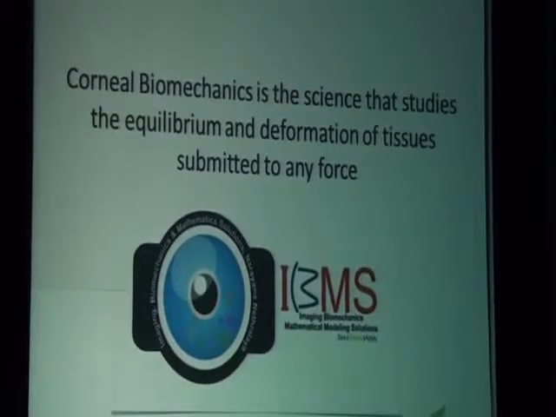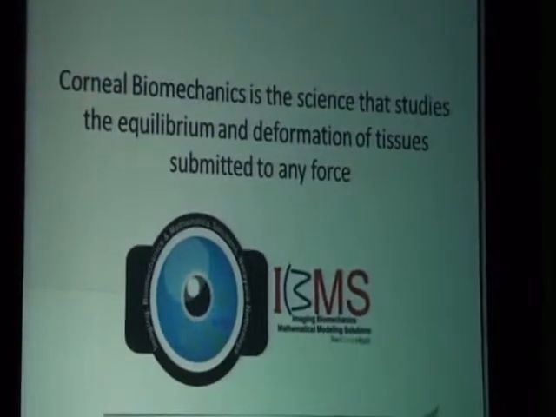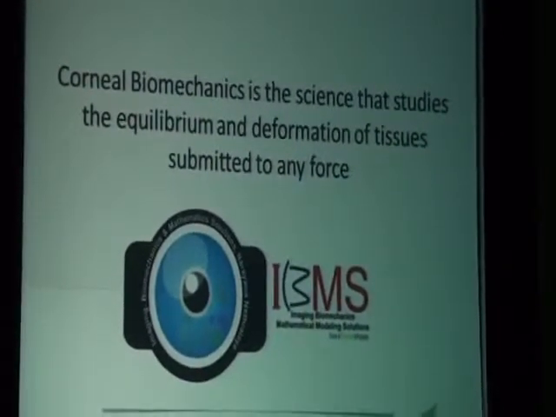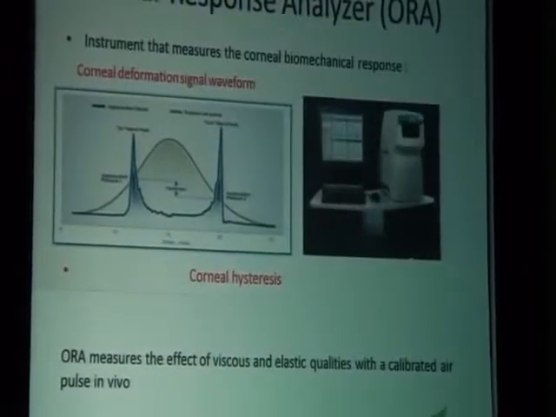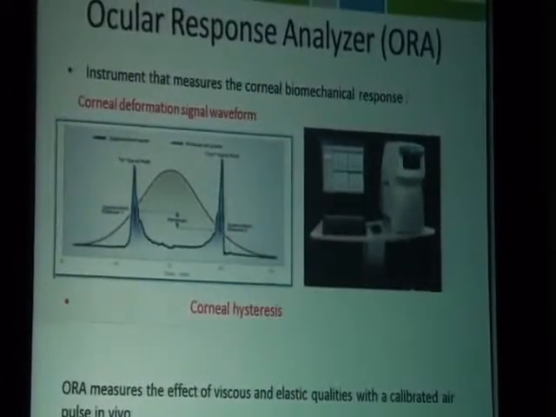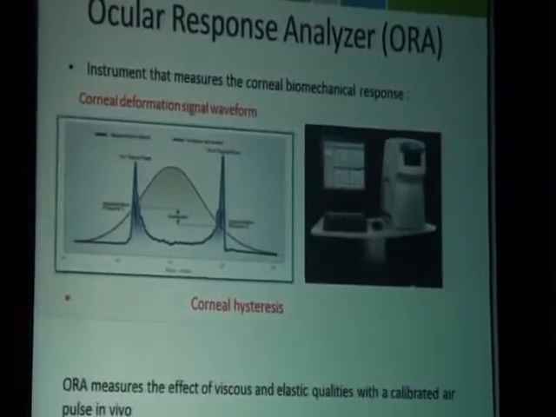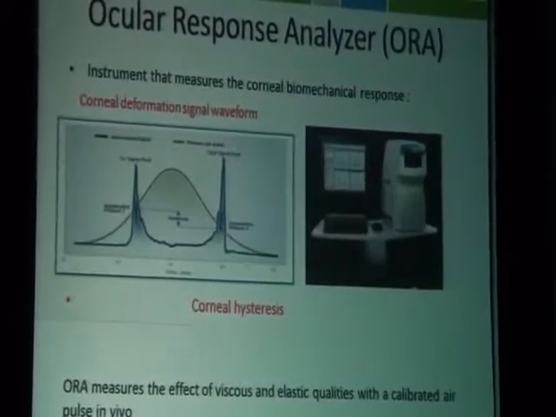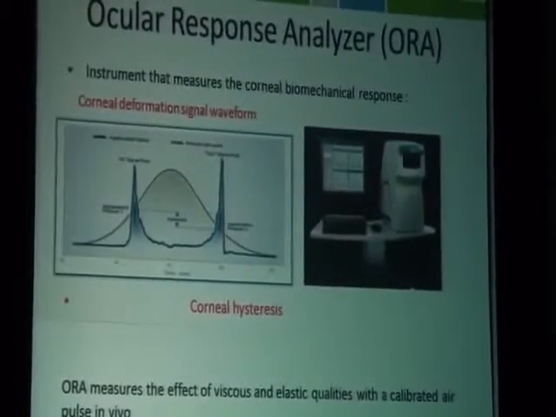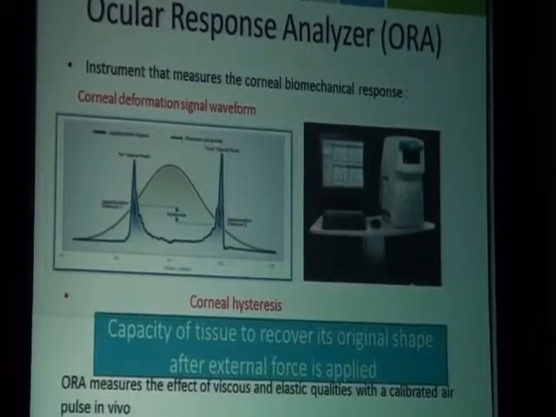Actually, corneal biomechanics is a science that studies the equilibrium and deformation of tissues. To put it in simple English, ORA has been clearly explained now, which just measures the viscous and the elastic qualities with a calibrated air pulse. Why calibrated? Because we need to measure. Simple.